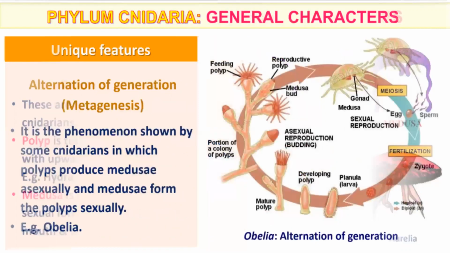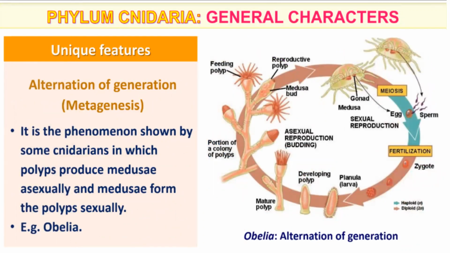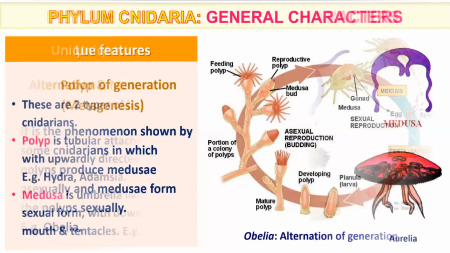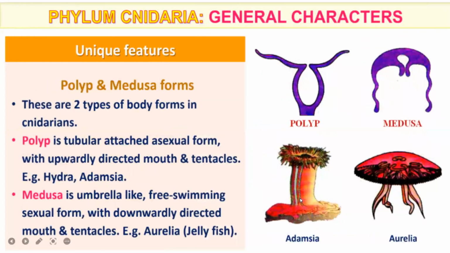We'll finish this. Unique feature is alternation of generation, that is metagenesis. It is the phenomenon shown by cnidarians in which polyps produce medusa asexually and medusa forms the polyps sexually. So polyps, when they undergo asexual division, will produce medusa.